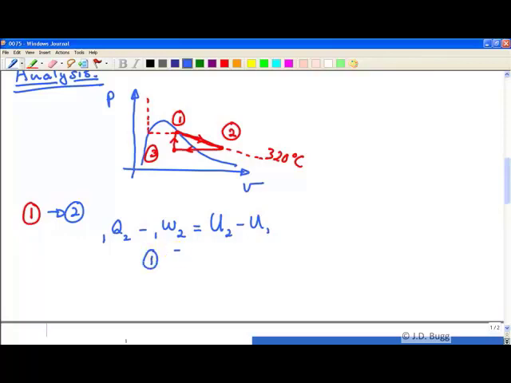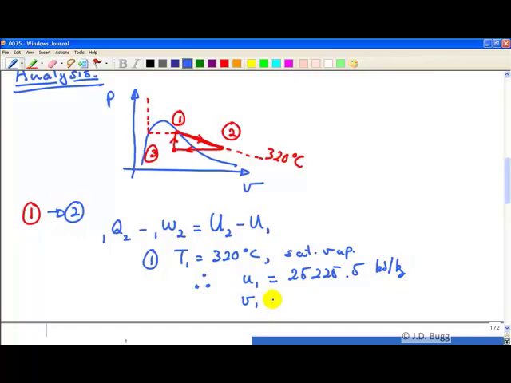What do we know about point 1? Well, T1 is 320 degrees C, and it's a saturated vapor. So that's enough information to fix state 1. So we go to table A2, and from that information we just simply look up U1, the internal energy, 2525.5 kilojoules per kilogram.